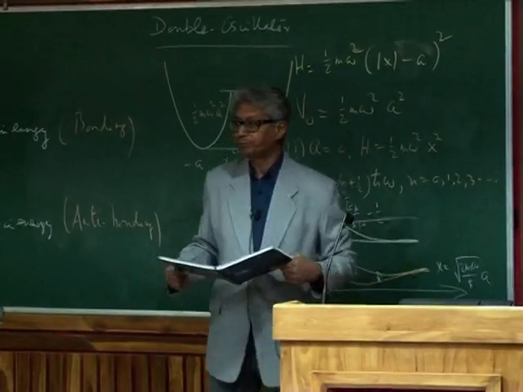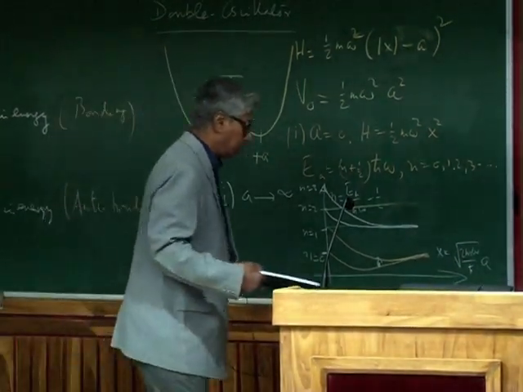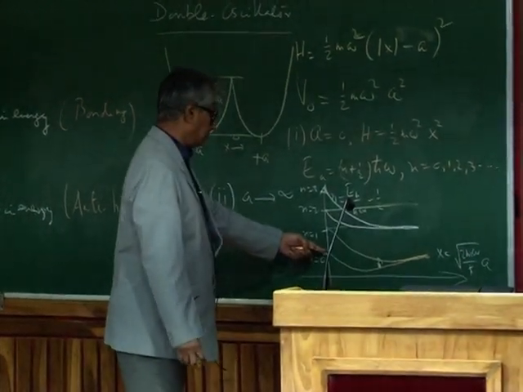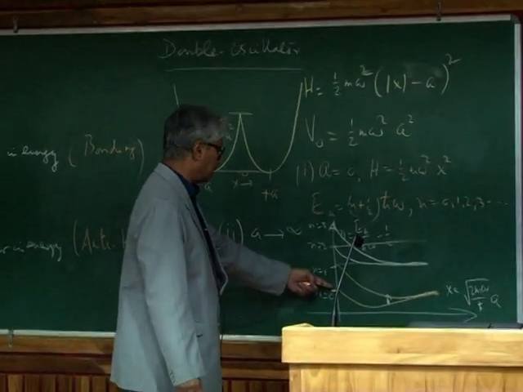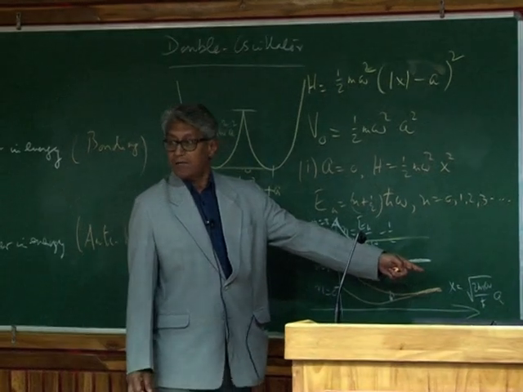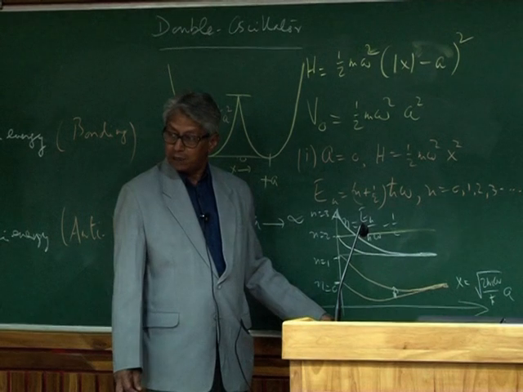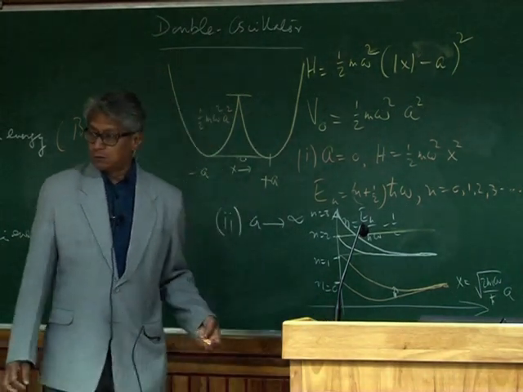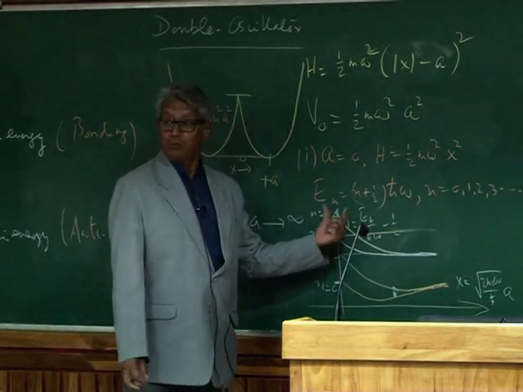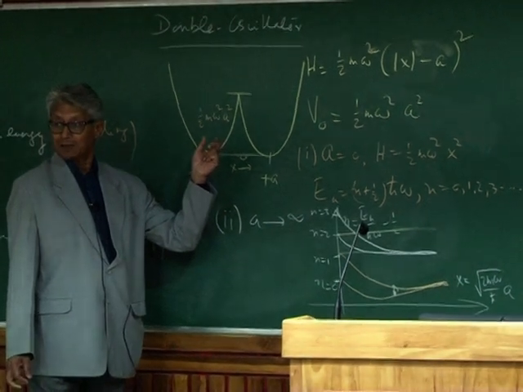This n equal to 0 state, at some position the energy is actually lower. So what happens is that for n equal to 0, the energy becomes lower, and then it's never negative though. You are now in between, so you have a complicated problem of two back-to-back harmonic oscillators.